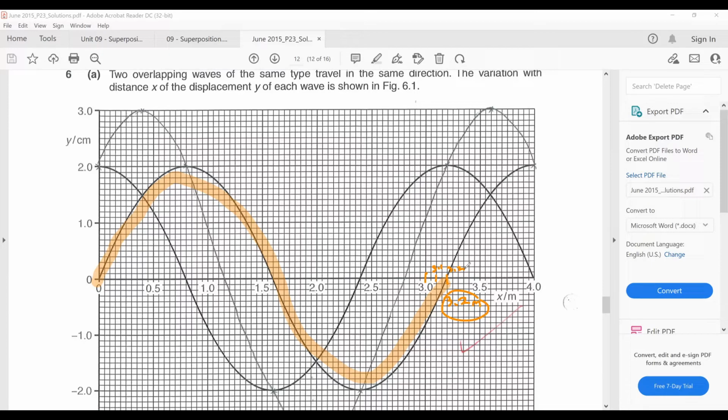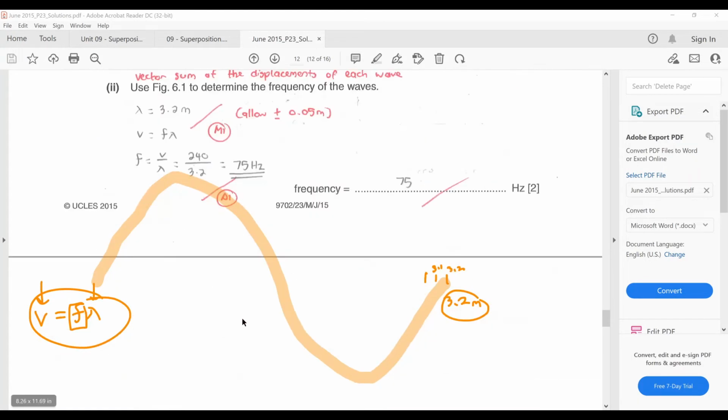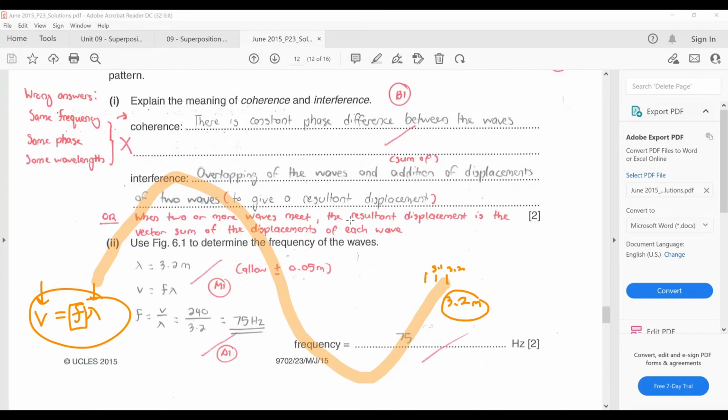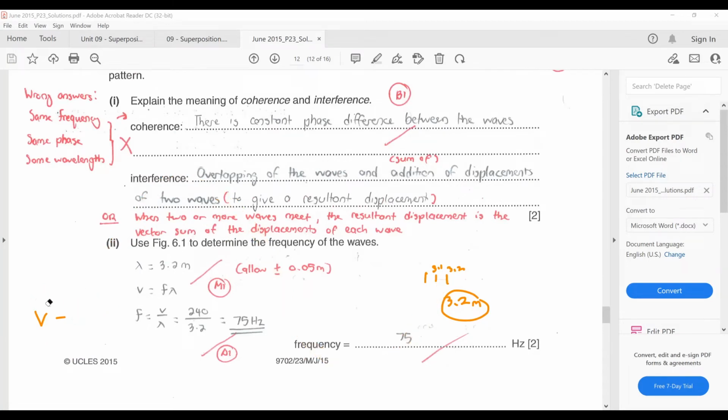You want to use that info to find your frequency. Use v equals to f lambda. You know the speed. You know the wavelength. You can find the frequency now, which is this one. You will get the answer as 75 Hertz. Okay, so that one is okay.